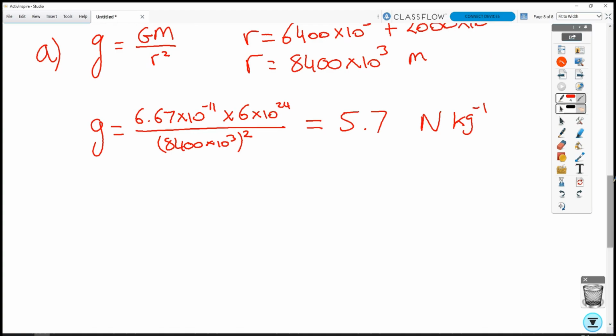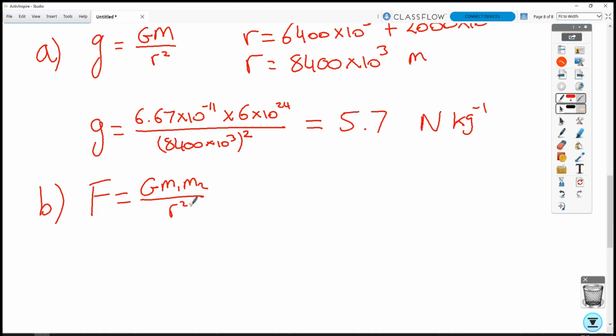Then, for part B, we have to use F equals Gm1m2 over R squared to work it out. But notice how in finding g, we've already done Gm over R squared.